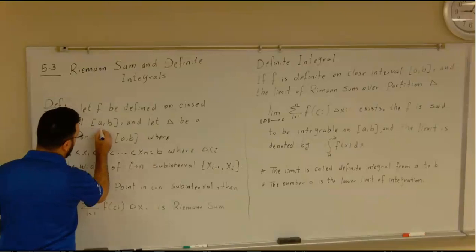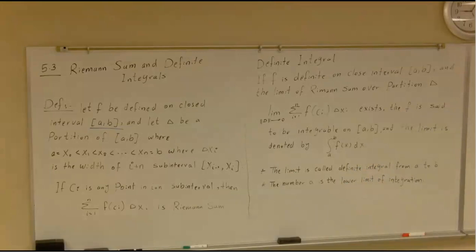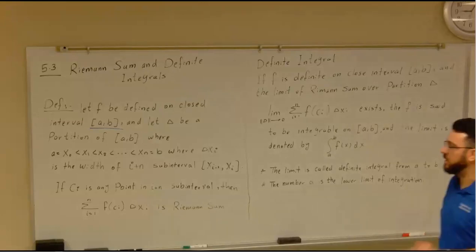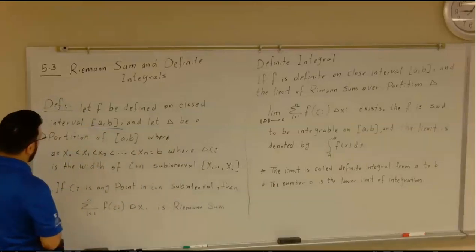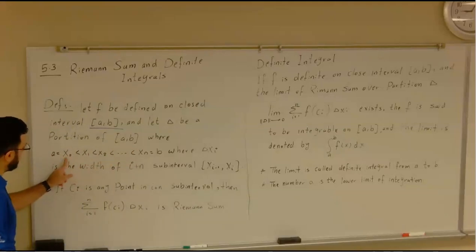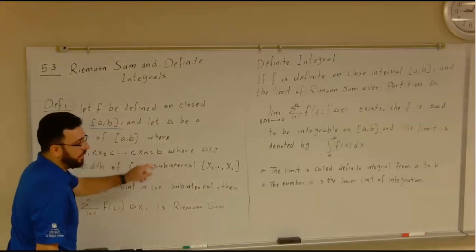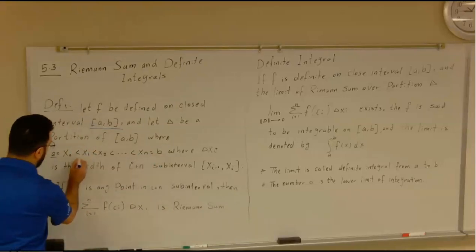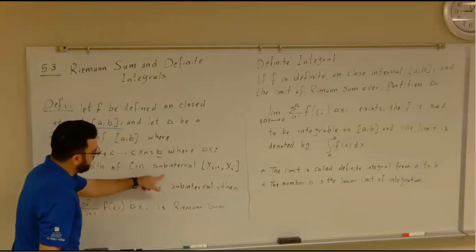So we have interval AB, and let delta be the width for each rectangle, because we're going to divide the area into sub-intervals. So delta is a partition of AB, where you see the partition, this is the first one, the second one, the third one, until the last one, which is the value of B. So here is the interval from A to B, and delta is the width of the ith sub-interval.